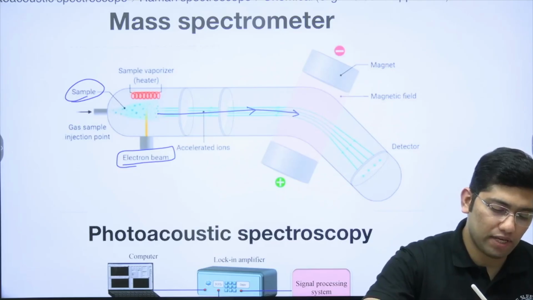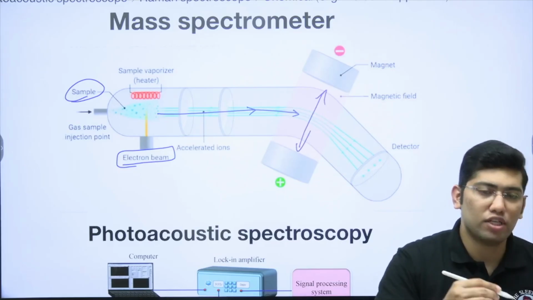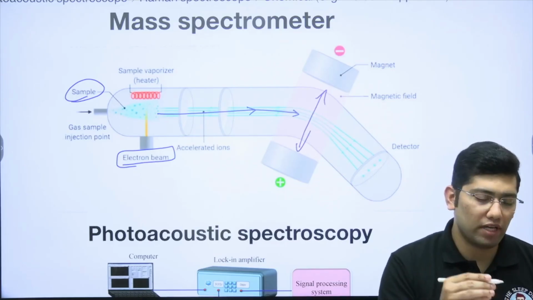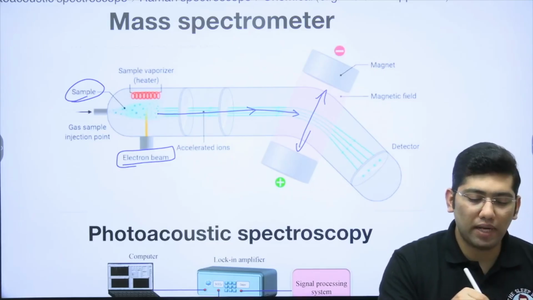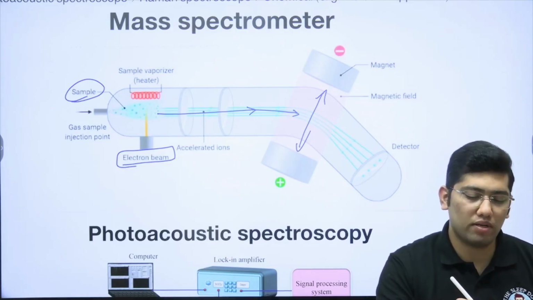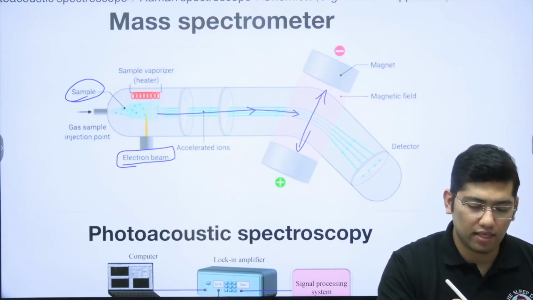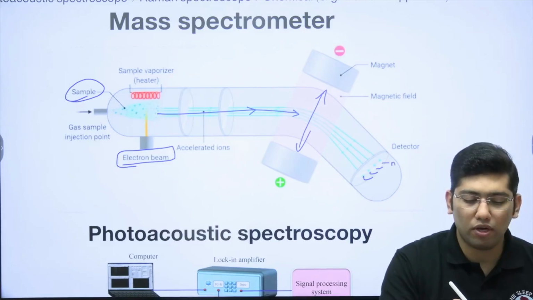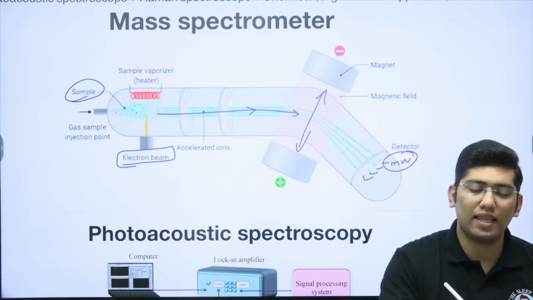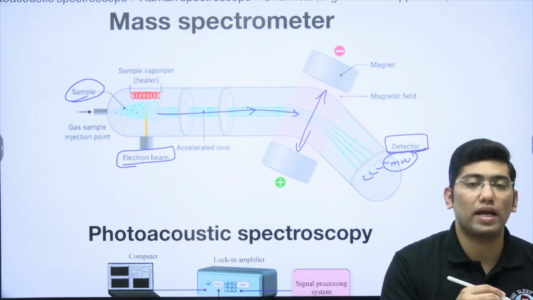Application of this magnetic field leads to splitting of the constituent molecules of this gas based on their molecular weight, and that is detected by a detector.